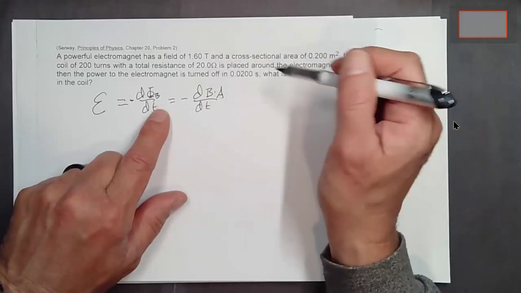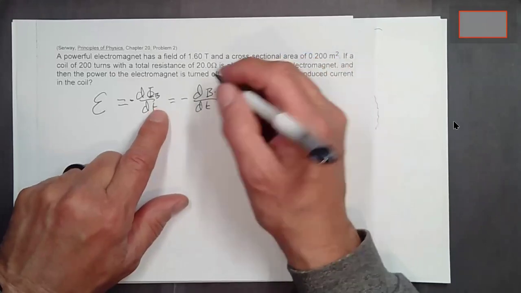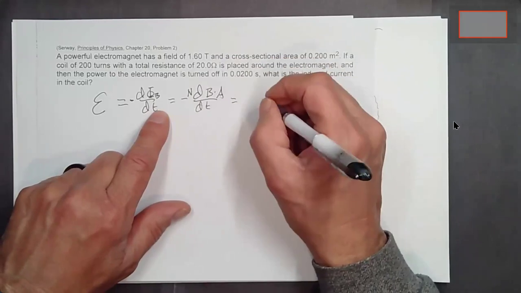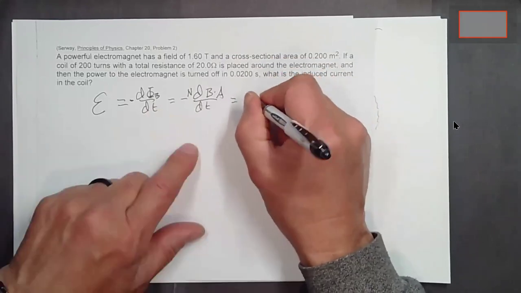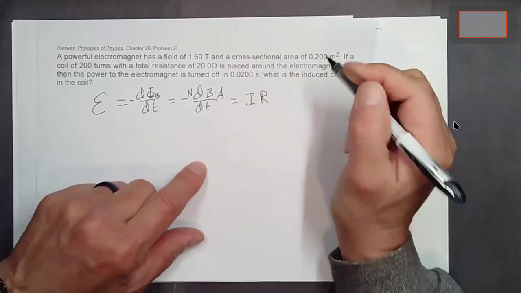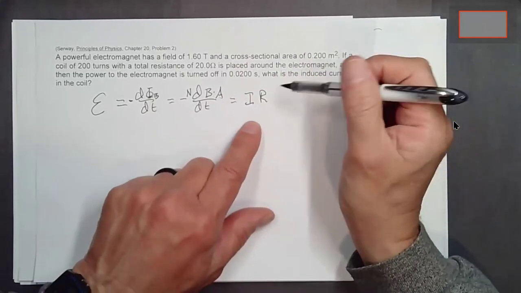So it's just being wrapped around this electromagnet. So N B A, and that will equal, E is equal to the induced current times the resistance of the circuit.